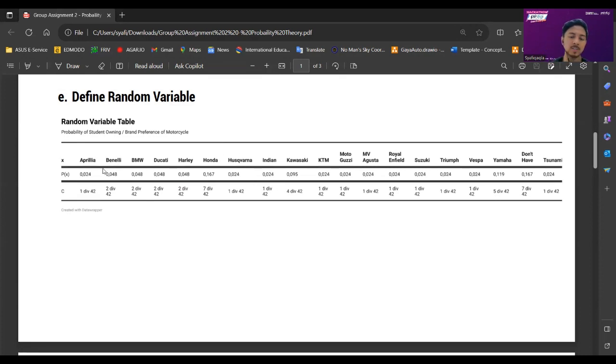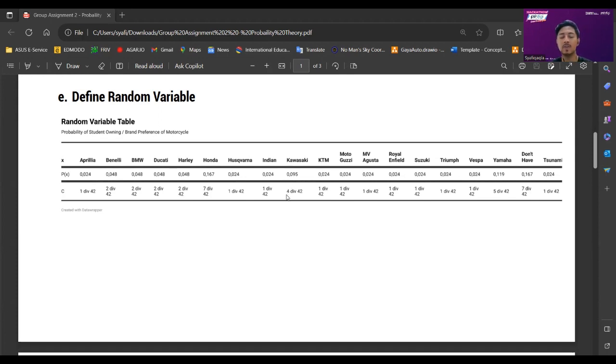We just have one respondent according to the survey, so the same value as Aprilia, 0.024. Indian is the same as Husqvarna and Aprilia. For the Kawasaki, we have 4 respondents out of 42.